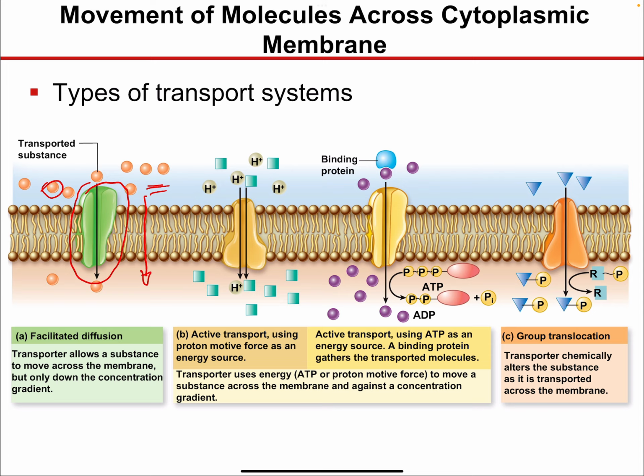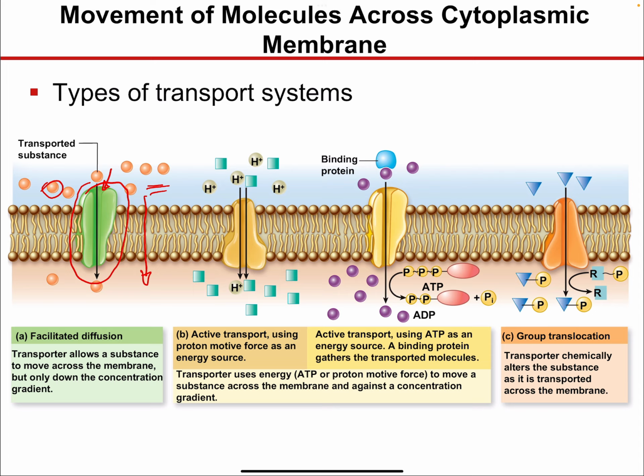And the net movement of transport in that condition is going to stop when an equilibrium is reached. Okay? It is a facilitated diffusion because, one, it is a diffusion. Two, it is facilitated because it involves a protein transporter, a permease, or a carrier.